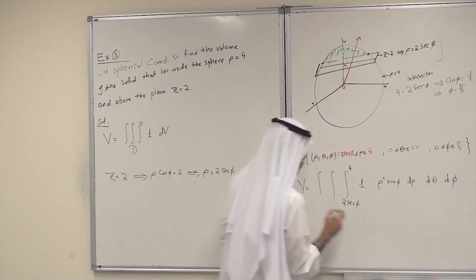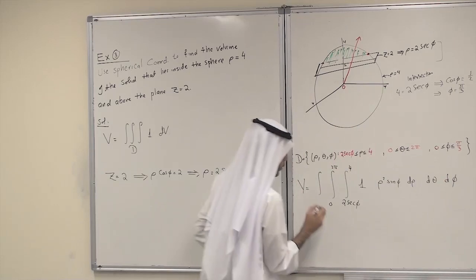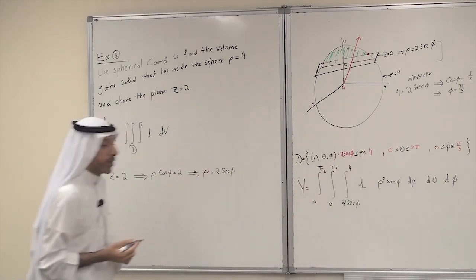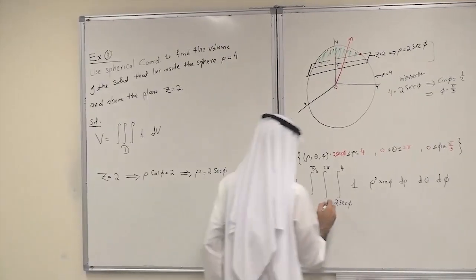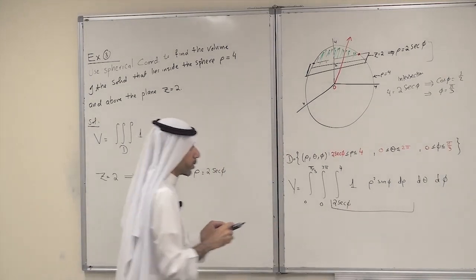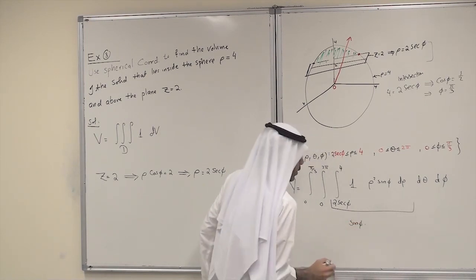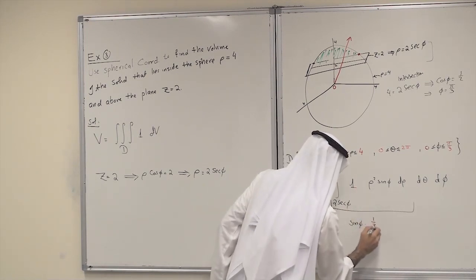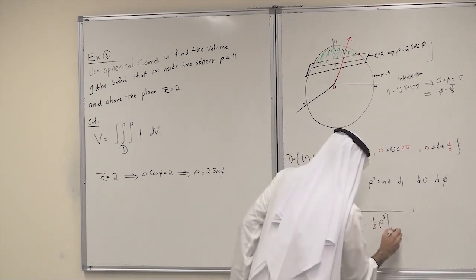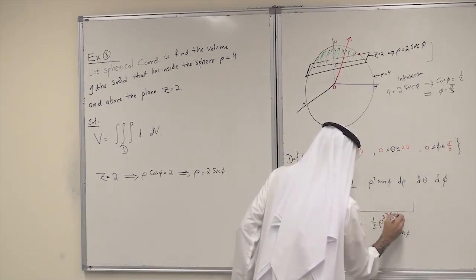The limits of theta, the middle one, are 0 to 2 pi. The limits of phi, the outer, are 0 to pi over 3. Now we integrate the inner one, with respect to rho, sine phi times 1/3 rho cubed from rho equals 2 secant phi to rho equals 4.